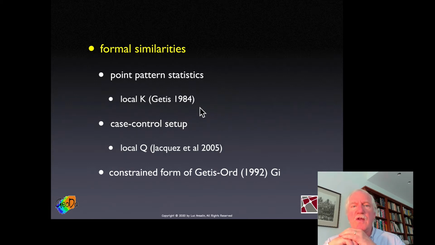Remember, in our discussion of the local G_i statistic, it's a donut, but it doesn't look at the core of the donut, in contrast to, say, Moran's I, which multiplies z at i with that same expression for the spatial lag. So one way to think about the local joint count statistic is as a constrained version of the local G_i statistic. Constrained in the sense that it only is applied to those locations where x at i is a 1 and the zeros are ignored.